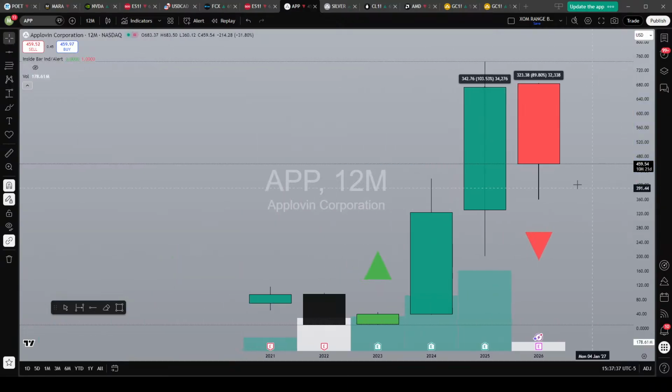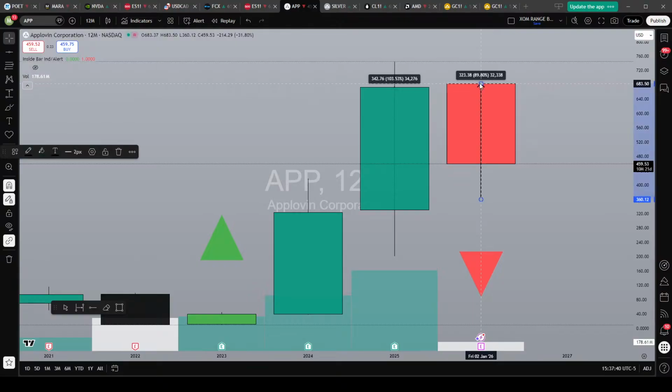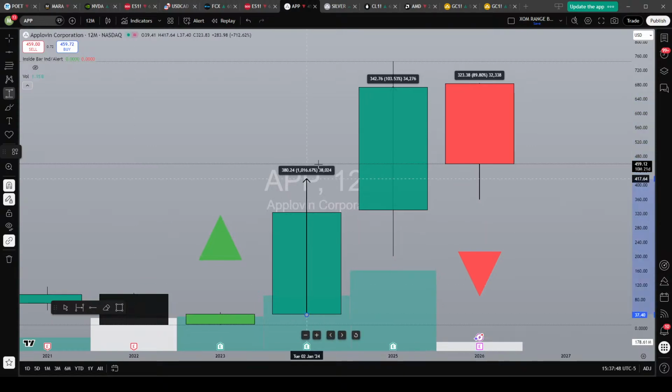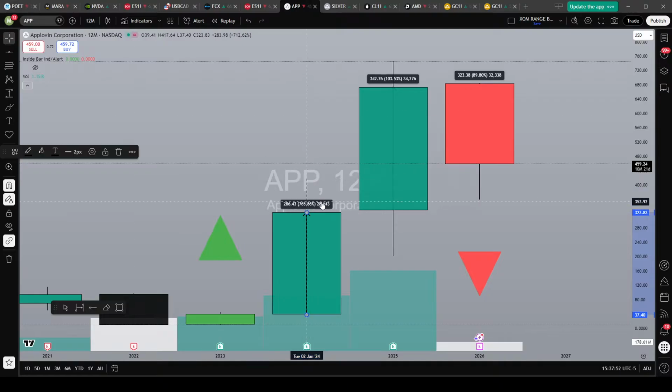The first thing you would have to do is probably clear that exact sort of range for this to have any sort of structural PA. So back in here, this was like 380, 286.